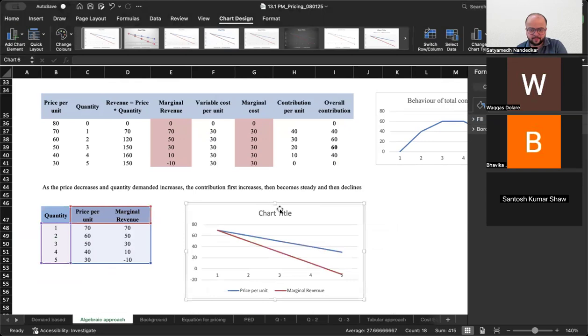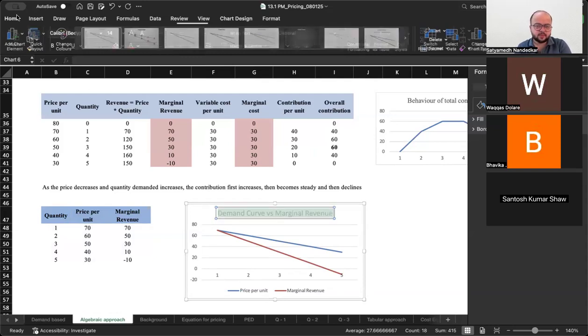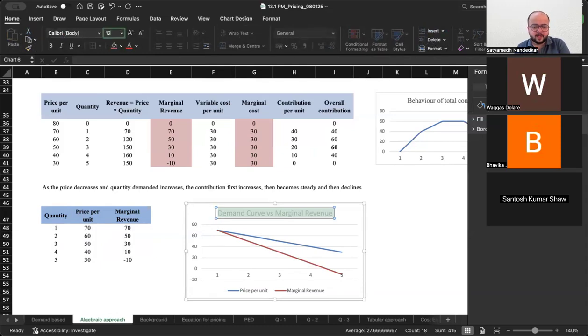What is this? This is demand curve versus marginal revenue. अब ये क्या relationship है?